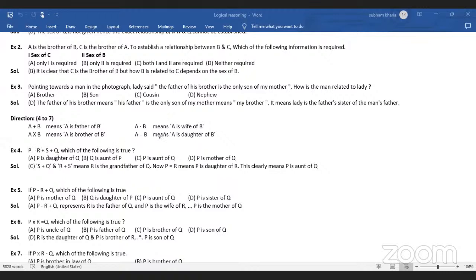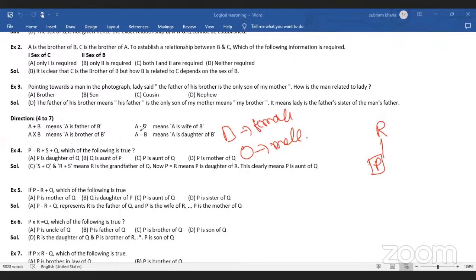P equals R. That means P is the daughter of R. R here, P here. Daughter, let's say this is female, so this will be male. So P is the daughter of R. Now R's gender I don't know. Can be mother, can be father.